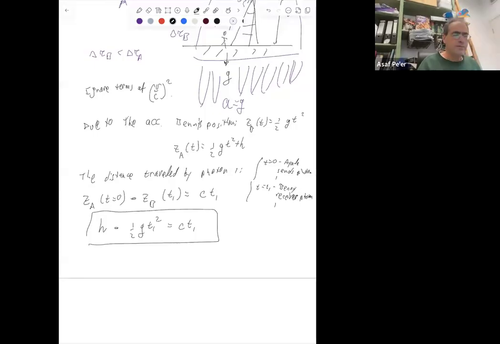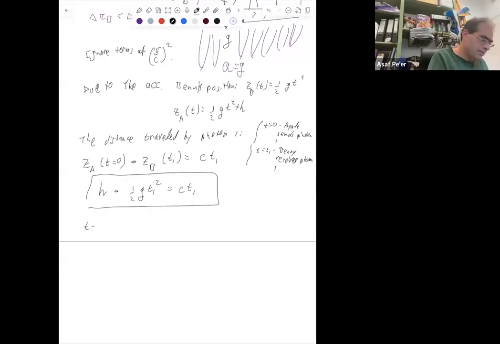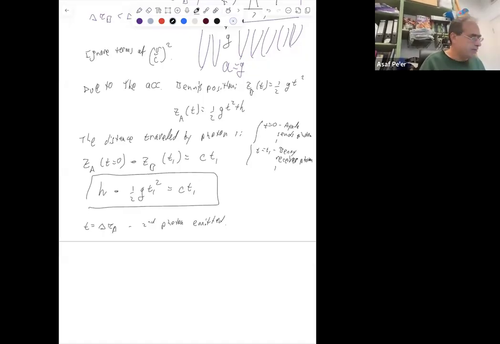Now for the second photon. Ayala emits the second photon at t equal delta tau Ayala. Benny receives the second photon a time delta tau Benny after he receives the first photon, so at t equal t1 plus delta tau Benny.